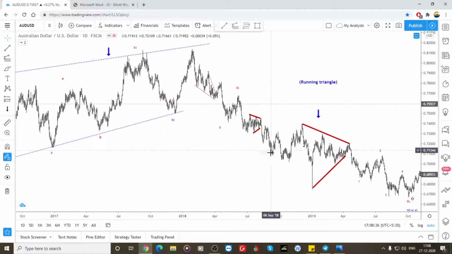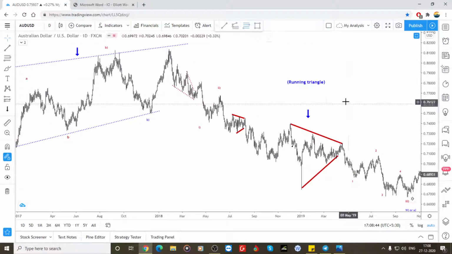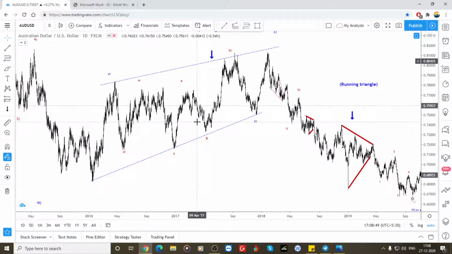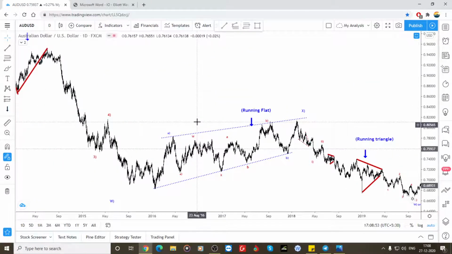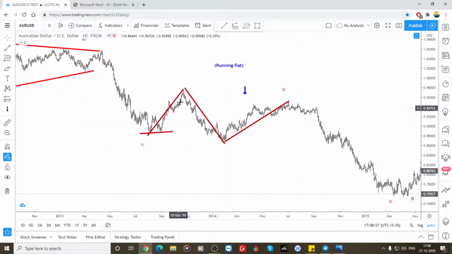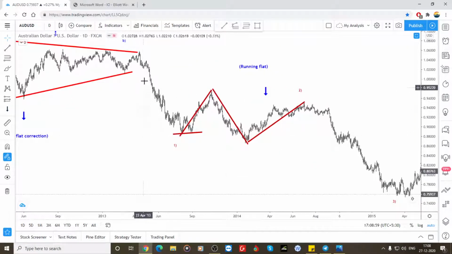Here we have to measure the corrections with the fib retracement. Here it's a running flat. First the 5 waves got completed. We are expecting a 61.8 or 50% retracement.